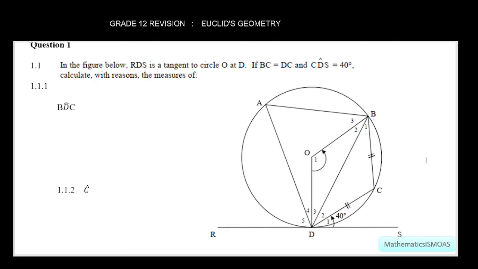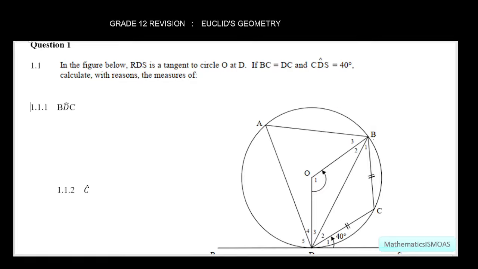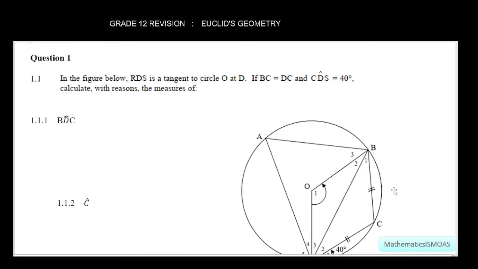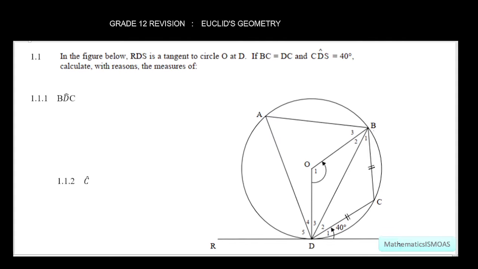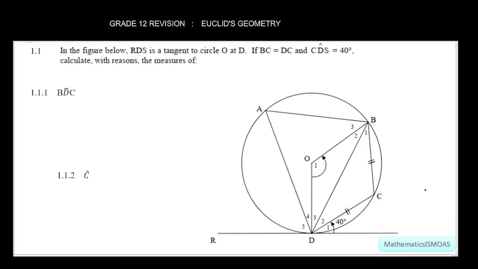All right. Now let's go to 1.1.1, where we need to calculate the measure of angle BDC. Where is BDC?